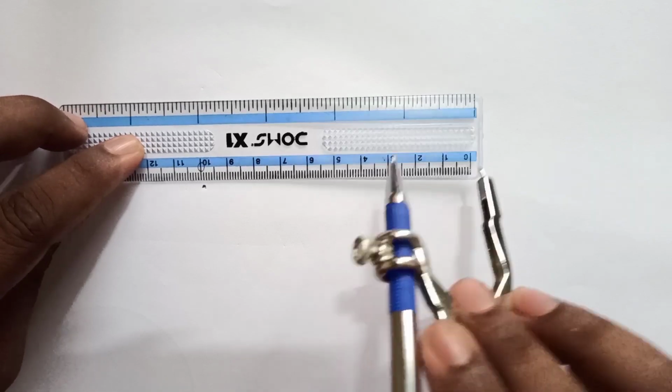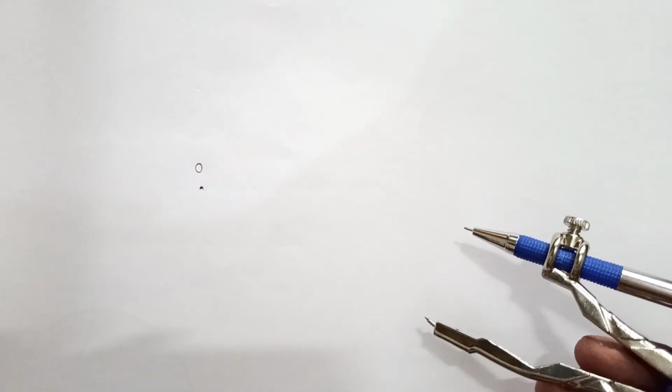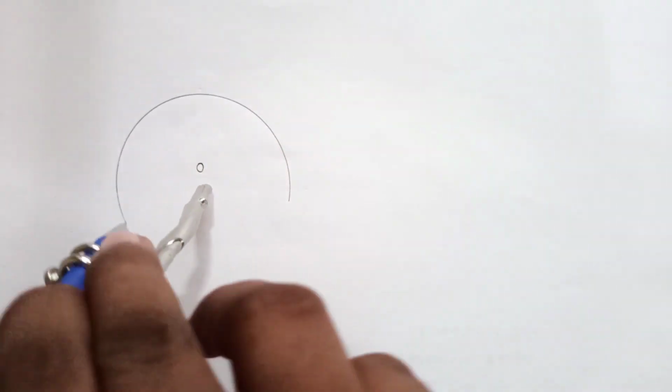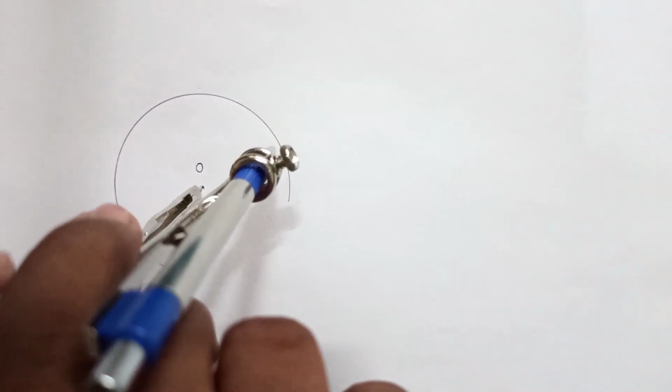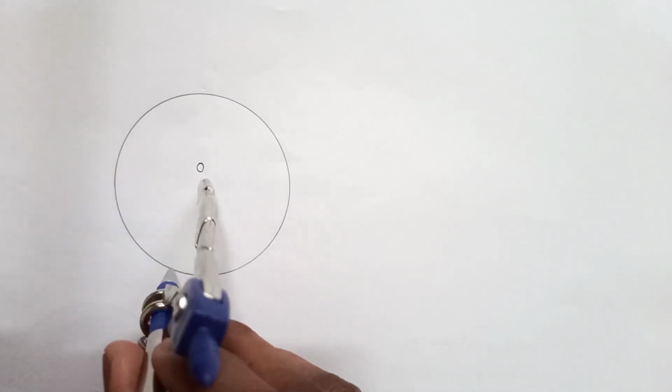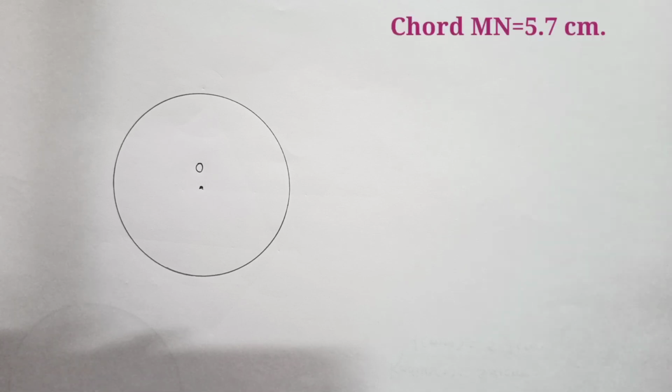Okay, this is 3.4 centimeter, and let's draw that circle with a center O, like this way. Easily you can draw that circle with a radius 3.4 centimeter.